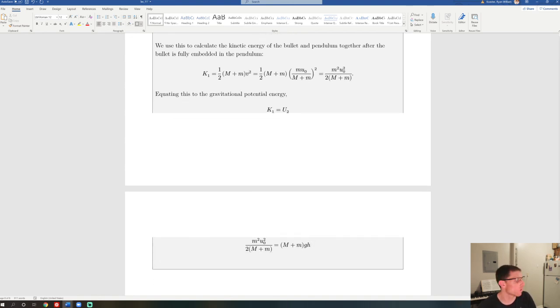In case you forgot, I know I almost did, so understandable. So I'm going to make Mathematica do the algebra for me. We have big M plus little m times g times h.